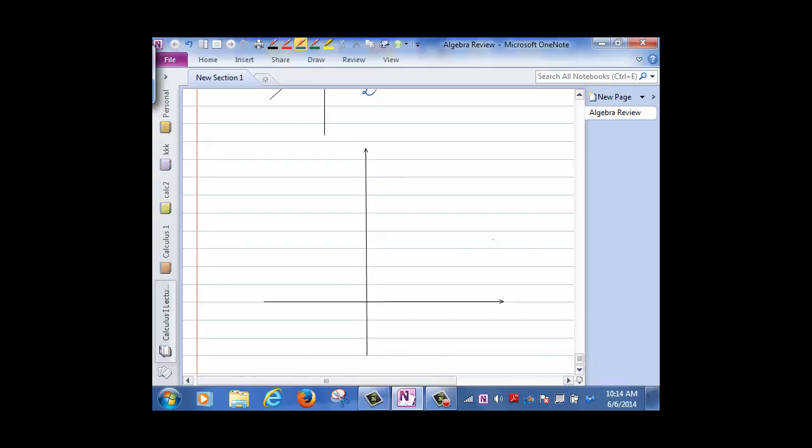So let's say I have a function which looks like the following. Let's say I have some function f of x.